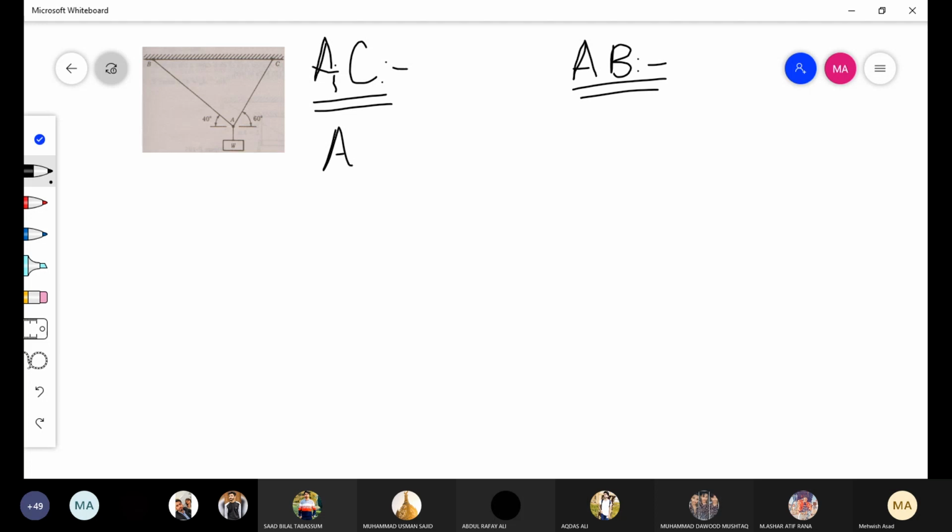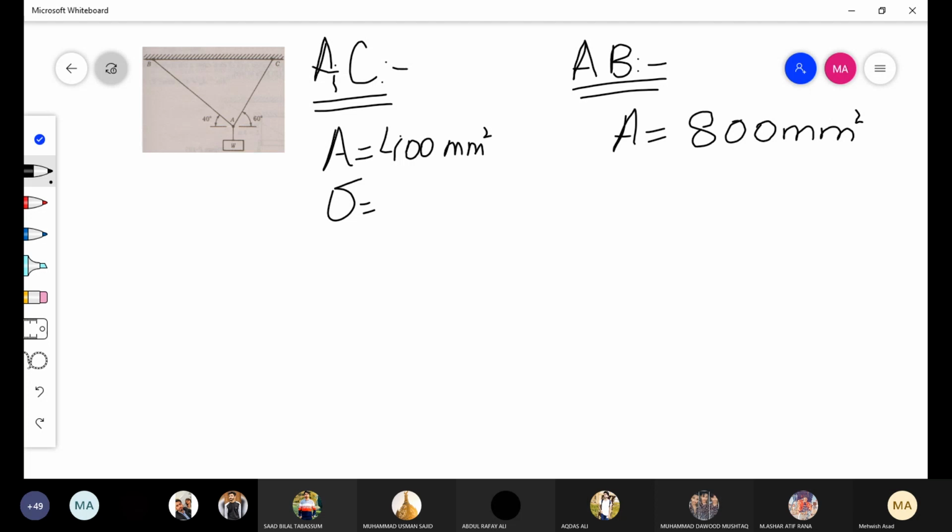AC segment के लिए जो cross sectional area that is given, 400 mm square, and area for AB segment is 800 mm square. Also their strengths or load carrying capacities are given. AC segment has the carrying capacity of 120 megapascal and AB has the load carrying capacity of 110 megapascal. This is what we are given with.